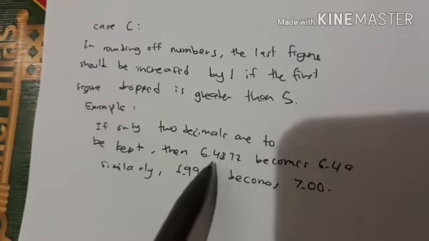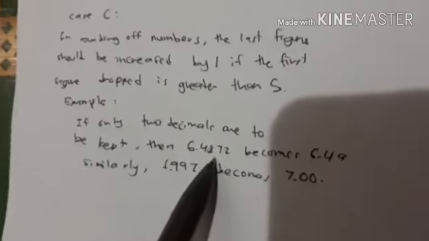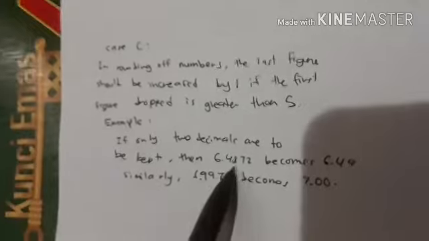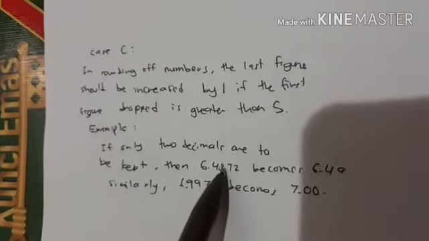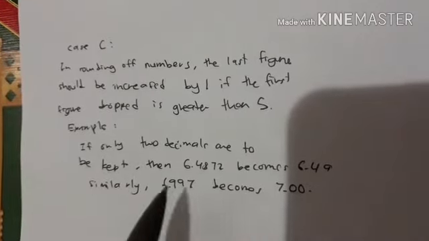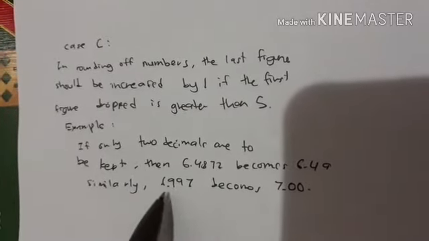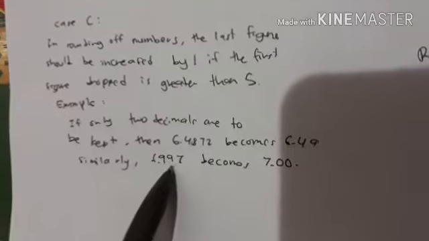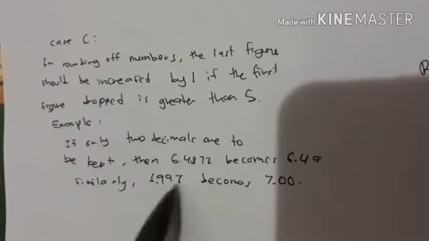We want two decimal numbers, so for the second decimal number we just add 1, and the other numbers we just erase.